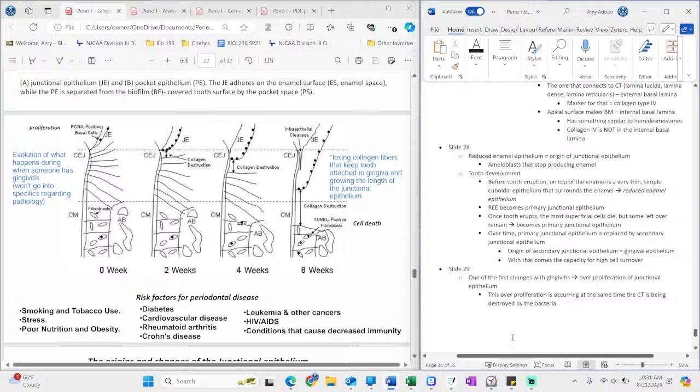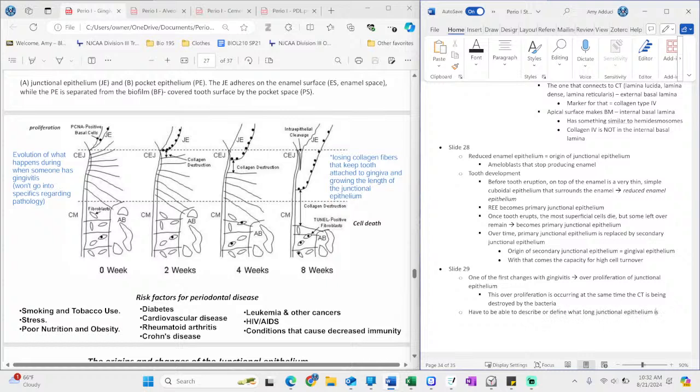Because at the very beginning, the junctional epithelium is barely attached to cementum, but at the end, there is a long area of cementum that is attached to the junctional epithelium, a modified junctional epithelium, not a healthy one. So that's why we call it long junctional epithelium, and it comes together with gum recession. Okay? So you have to be able to describe or define what long junctional epithelium is.